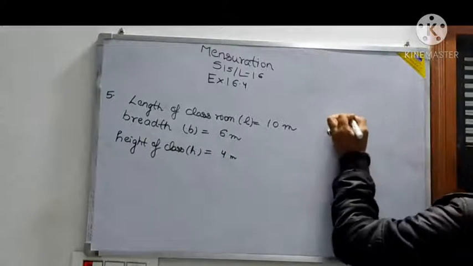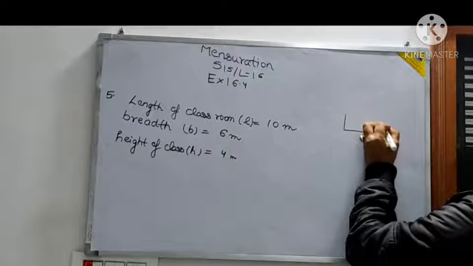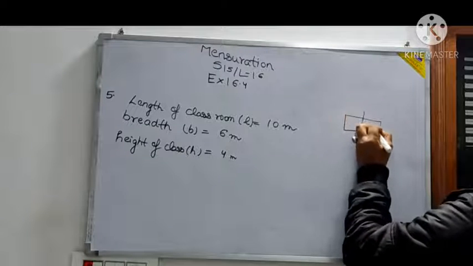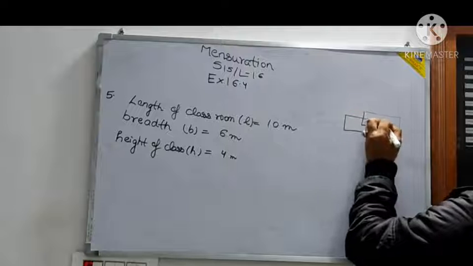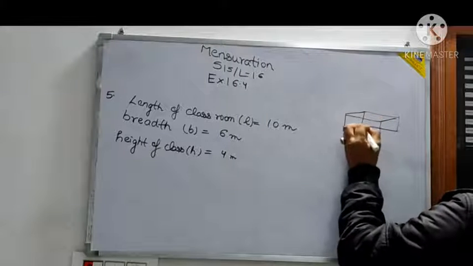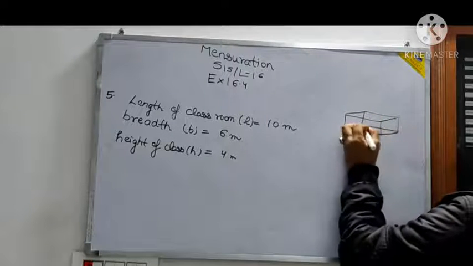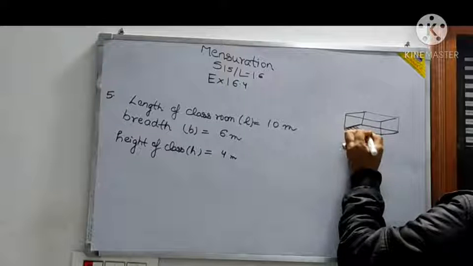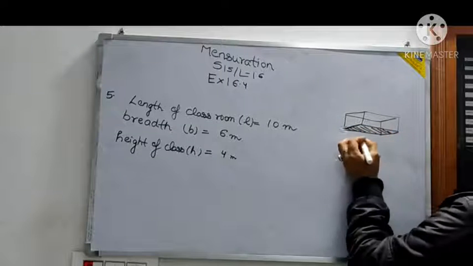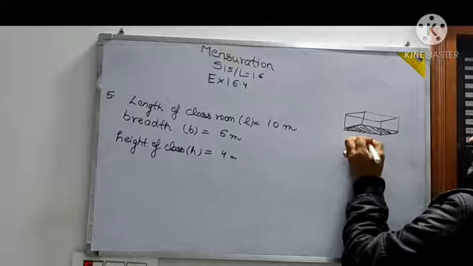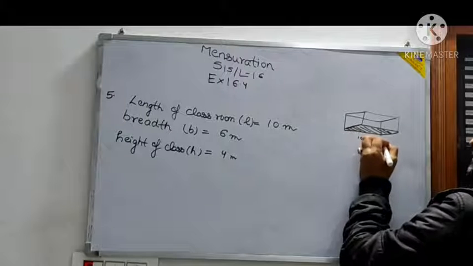Now see, consider this as a cuboid. Where will the students be sitting? The portion where I have shaded. The length is given as how much? 10 meters. So this is the bottom.